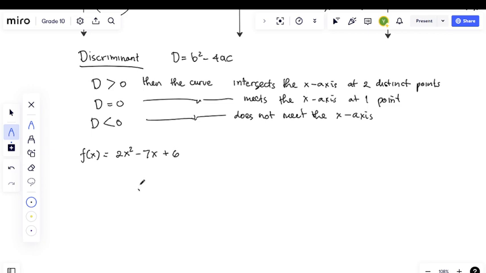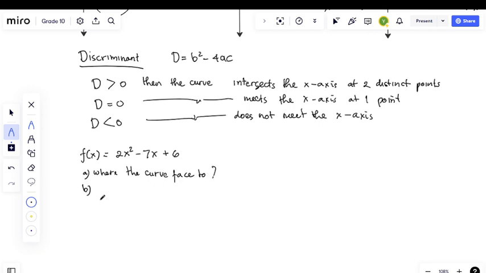Ya, misal pengen tahu tanpa harus menggambar. This function's graph, first one: apakah kurvanya akan menghadap ke atas atau ke bawah? Where the curve is facing? Face to.